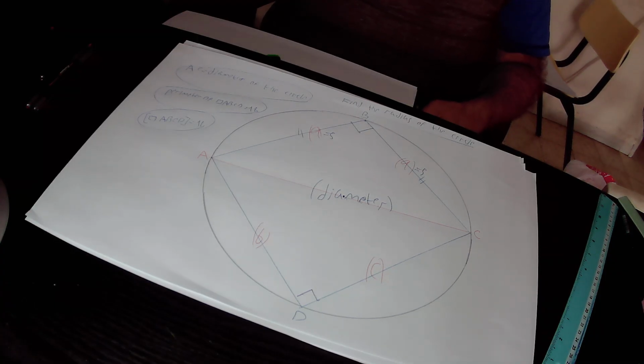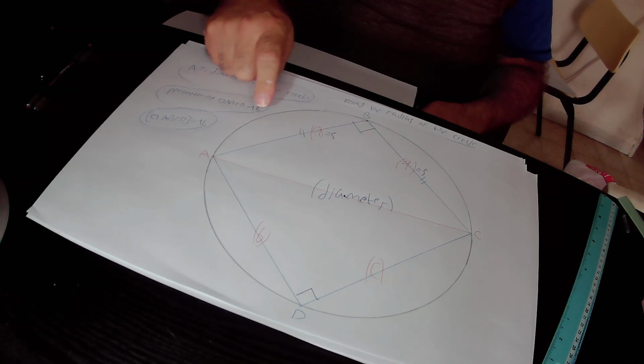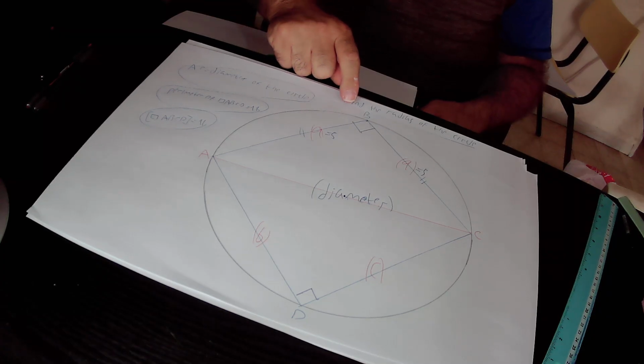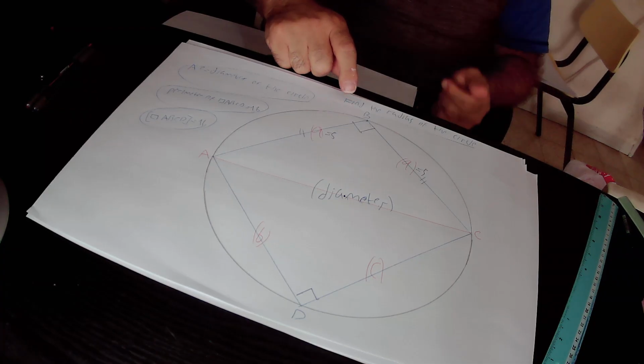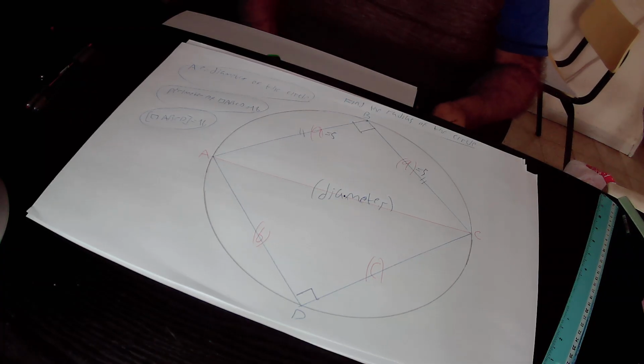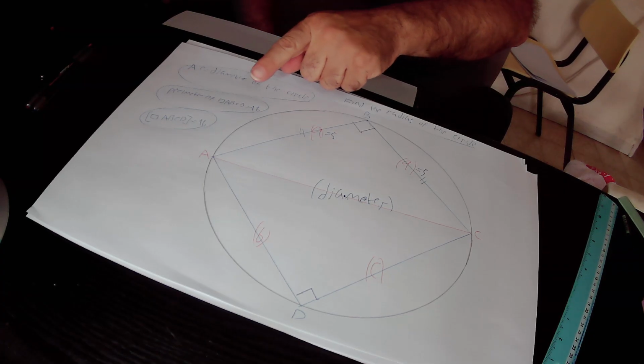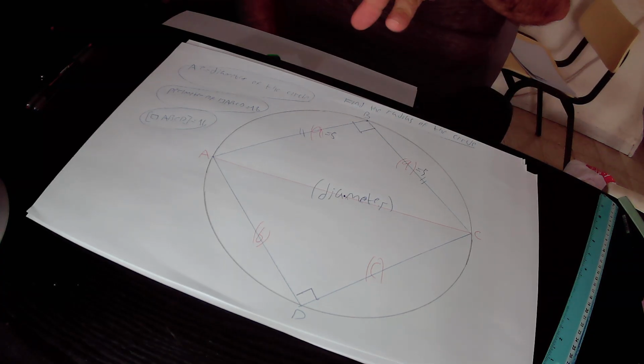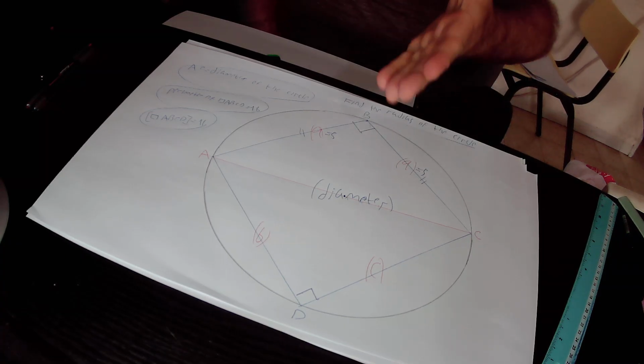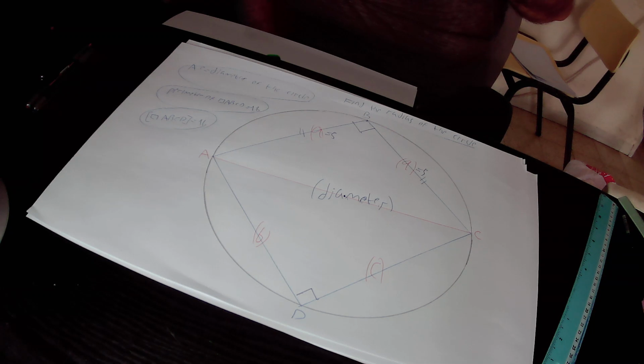We know that side AB of quadrilateral ABCD is equal to side BC. In addition, we know that chord AC is the diameter of this circle, and we also know that the perimeter of this quadrilateral ABCD is equal to 18 units in its length.